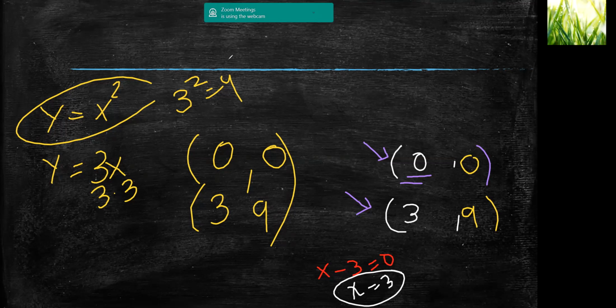Okay. Now let's have another example here. y equals x squared minus 6x minus 8 and y equals x minus 2. Here now we have to use the elimination way.